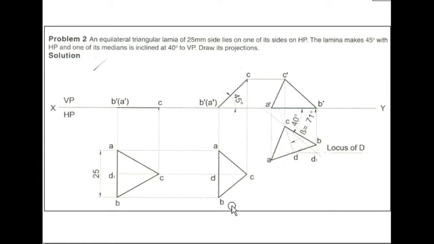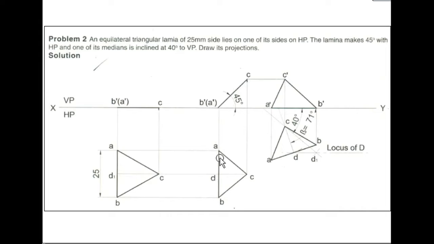Okay. Next, coming to this second position of front view by seeing the surface inclination. So it is inclined at 45-degree to HP, means that will be seen in VP plane. So I will draw a line of length, whatever the length I have got here, the same length I will take and I will draw a line at an angle of 45-degree. And the naming as usual, it is B dash in the bracket A dash and here it is C dash.